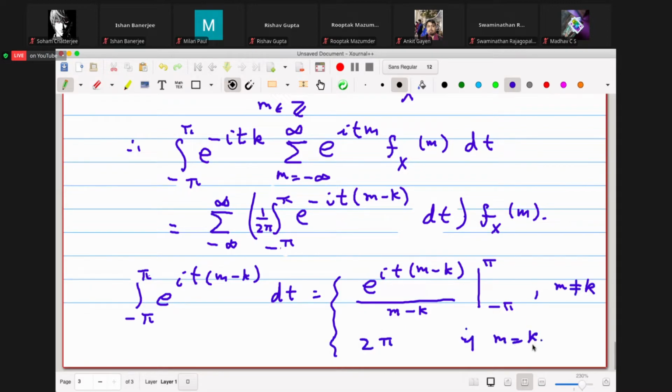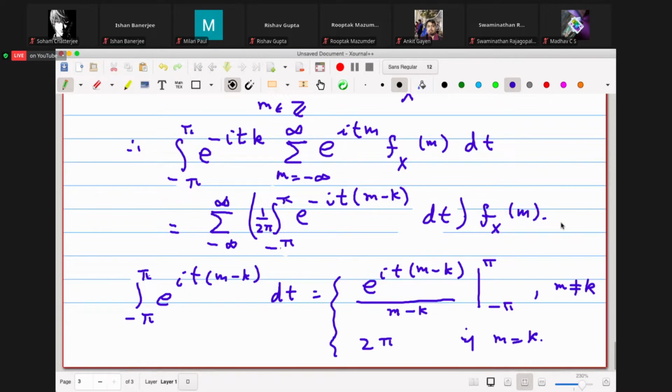And this is exactly what we wanted, because that means that in this sum, which is over m, all terms except m equals k vanish. And when m equals k, I get 2 pi here and 1 by 2 pi here.